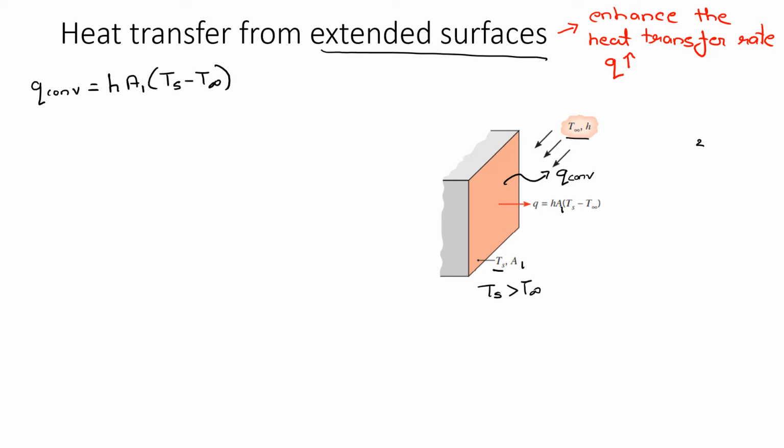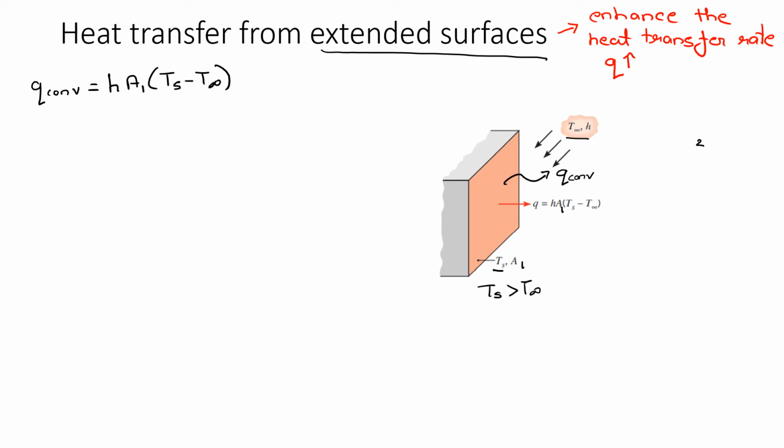Say if you're looking at a car radiator, you have limited space, and there are limited dimensions above which you can't increase the size of your radiator. So you apply different extended surfaces in order to increase the rate of heat transfer, so that within the same dimensions your radiator can enhance the heat transfer and cool your engine more efficiently.